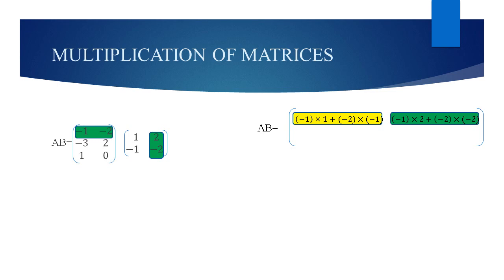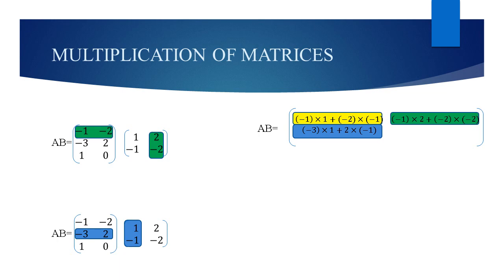Now for the next element, the second row which is highlighted with blue color is multiplied with the first blue column, then you will get the blue element.